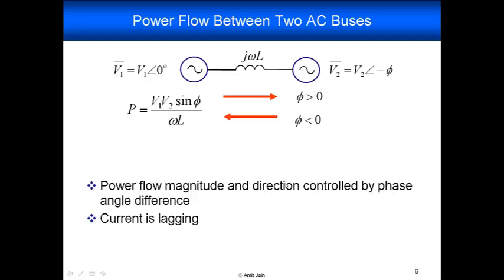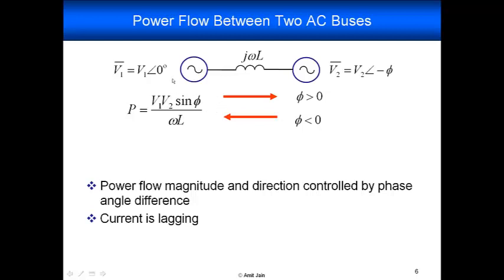The power transfer between these 2 buses is given by this expression here, and the things to note here are one, that the phase difference between the 2 buses is what's predominantly controlling the magnitude of power transfer via the sine phi, and also the polarity of the phase shift determines the direction of power transfer.